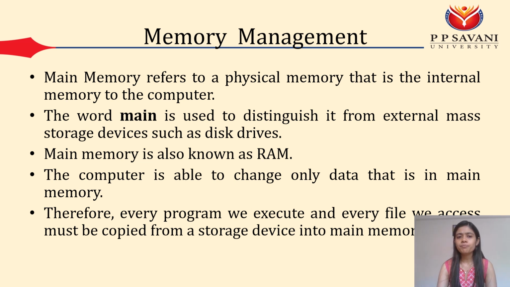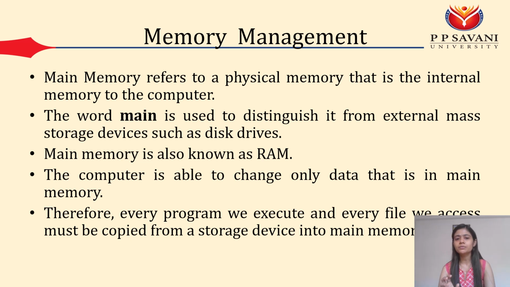There are mainly two types of memory available in a computer system. The first one is primary memory and the second one is secondary memory. What is primary memory? The other name of primary memory is main memory, or let's say RAM. Main memory refers to physical memory, that is, the internal memory of the computer.